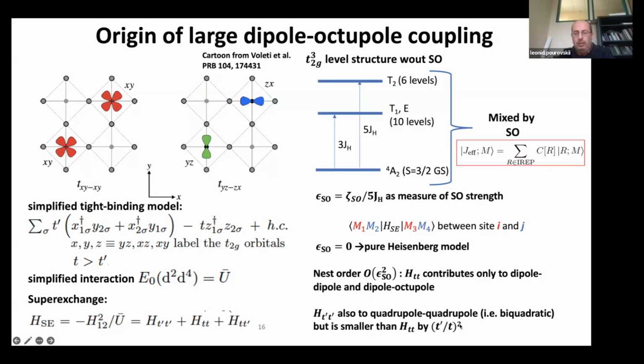And dipole-quadrupole is contributed in the same order, but only the T prime term contributes into quadrupole, hence it's weaker by this factor. So this explains why it's dipole-octupole and not quadrupole, which causes the gap.